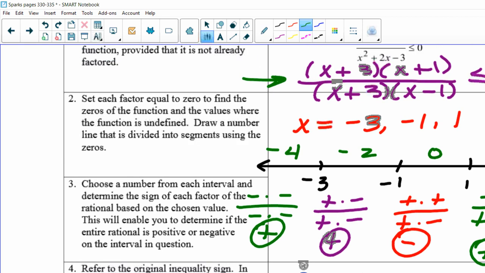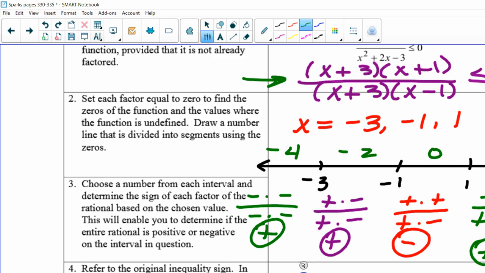Now you got to look at all three of these critical numbers, -3, -1, and 1. Does -3 make this rational function less than or equal to 0? -3 made it be 0 over 0, right?